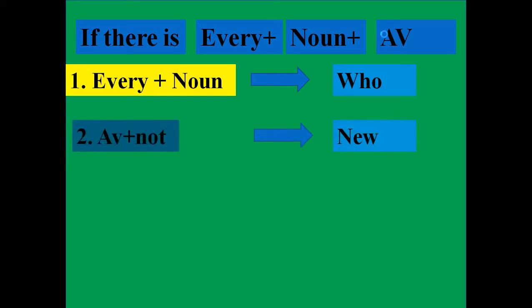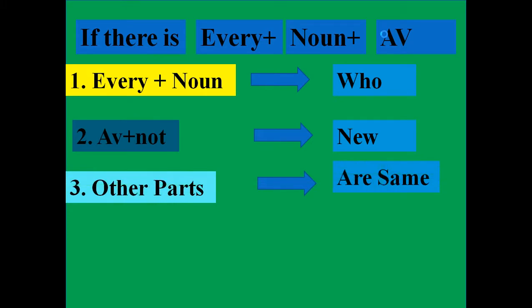Next, auxiliary verb plus not, it is newly used. Other parts are same. And we have to use the interrogative sign. So dear students, this is rule number 2, and try to keep in mind if you change any affirmative sentence into negative.